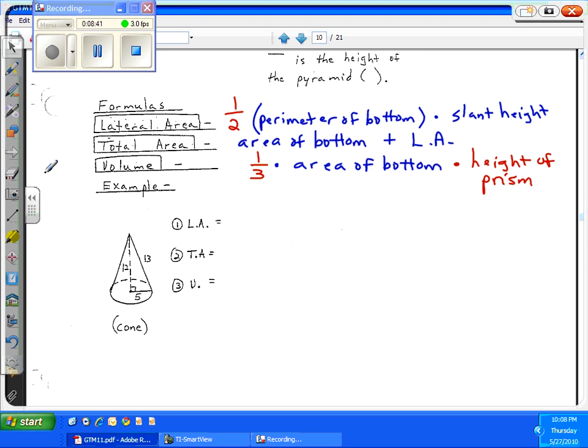Let me show you here if I can do a decent drawing of a square prism, which would be a cube.